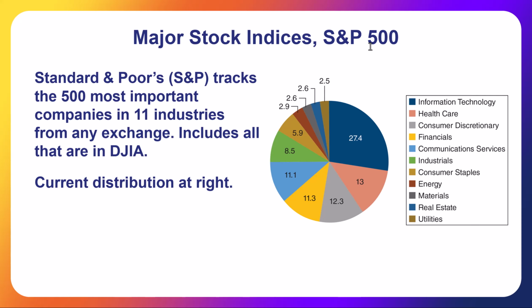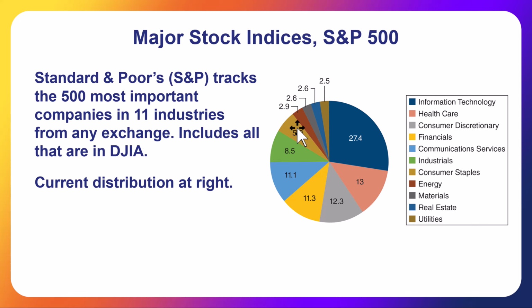What about the S&P 500? Well, again, this tracks the 500 most important companies in 11 industries from any exchange. It includes, of course, all of the Dow Jones Industrial Average. So the current distribution here is on the right, and you can see that 27% comes from information technology, 13% healthcare, 12.3% consumer discretionary, 11% financials, 11% communications.